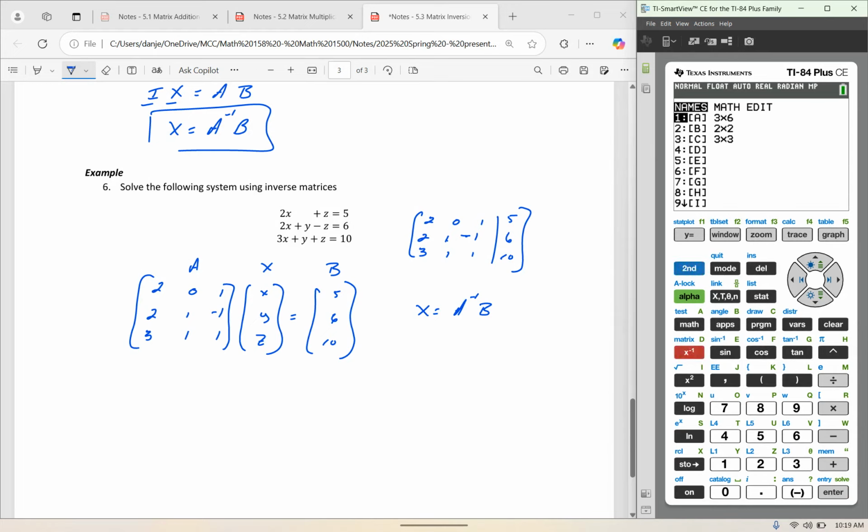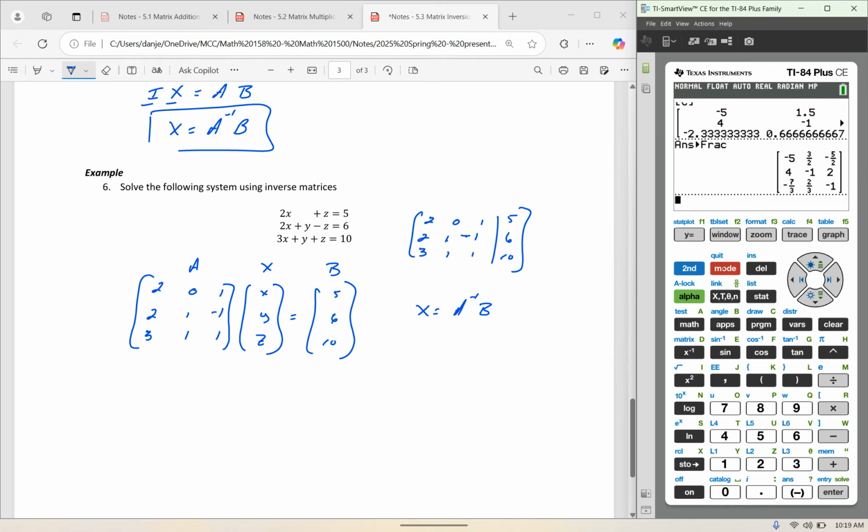So, matrix A, I'm going to make my matrix A the 3 by 3 matrix, 2, 0, 1, 2, 1, negative 1, 3, 1, 1. So that's my matrix A. Matrix B is my solution matrix, that column matrix, 3 rows, 1 column, 5, 6, 10.